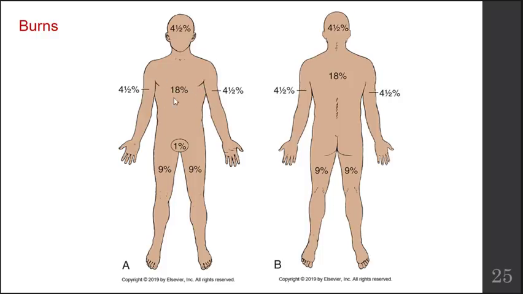So this top part here would be 9%, this bottom part here would be 9%, and then the same posteriorly. And then with the arm, the anterior part representing 4.5%, the posterior representing 4.5%, totaling 9%. But with the legs, with them being longer and larger, 9% for the entire anterior leg and 9% for the entire posterior leg.